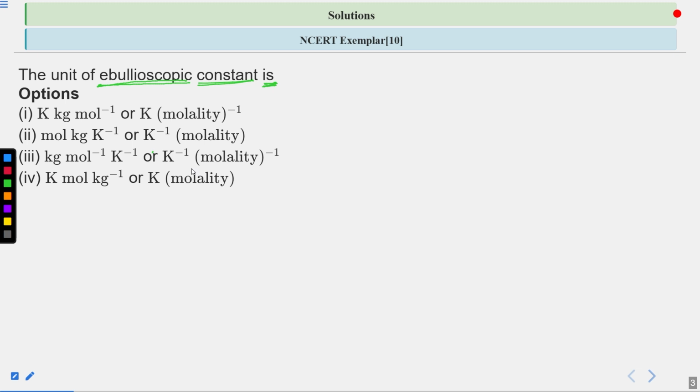So you have to select the one which is the correct unit of this constant.